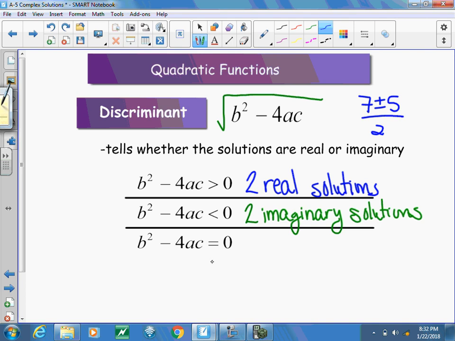Now, if that discriminant is equal to 0, the square root of 0 is 0. So here, if I take 7 plus or minus 0, 7 plus 0 is the same as 7 minus 0. So here we would end up with only one real solution. However, we will talk about how there's only one solution, but it has a multiplicity of 2.